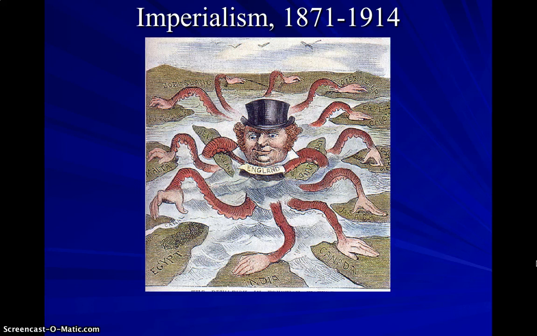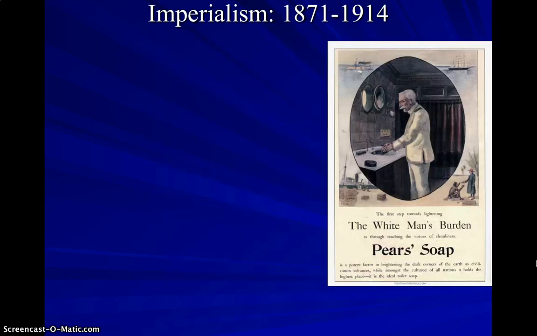So, why did imperialism take place at this time? Well, during this period here, if we look at the various motivations behind it, the main one is economic. This period in the 1870s is often referred to as the hard period of the Industrial Revolution.